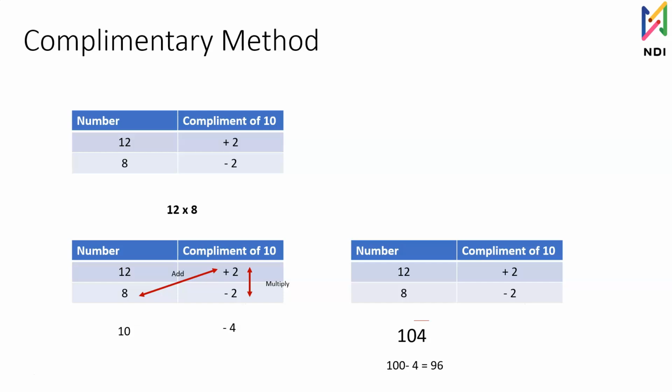I hope this gives you an approach, a technique to compute 2-digit, 3-digit multiplications faster and in your minds, right? So this completes the complementary method of multiplication. In the next session, we are going to see how to multiply numbers using another technique called vertical and crosswise. Okay.